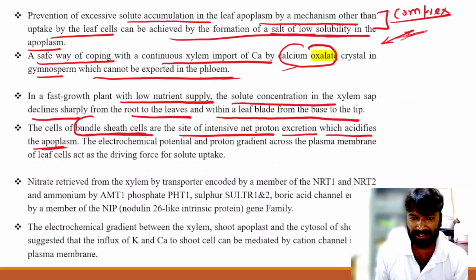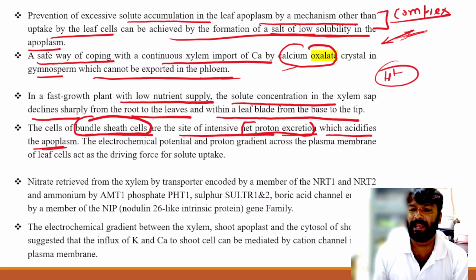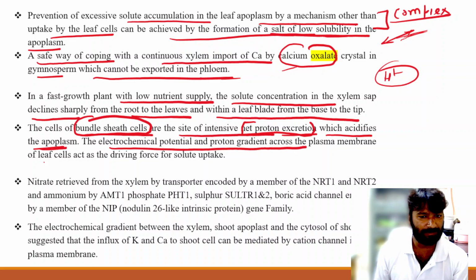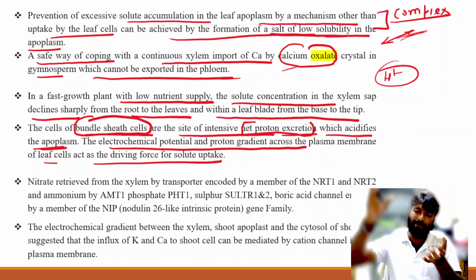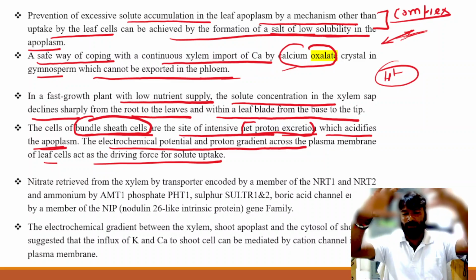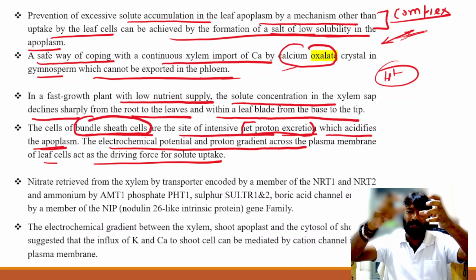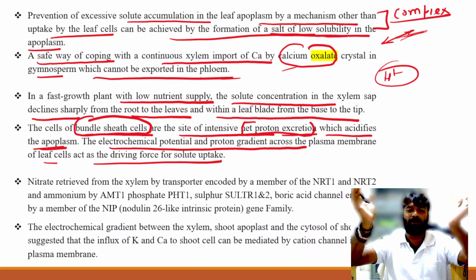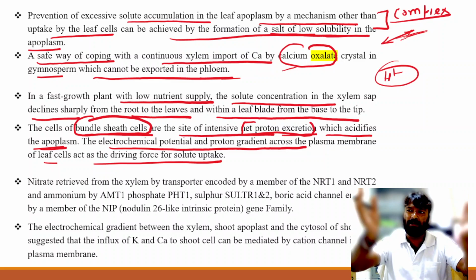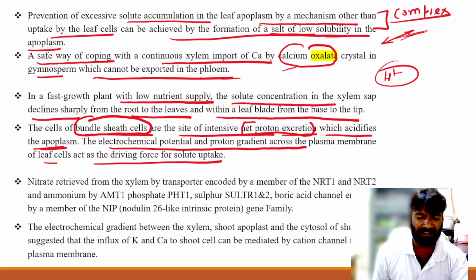So in the bundle sheath cells there will be proton extrusion, or proton channels are active, which acidifies the apoplast, and the electrochemical potential and proton gradient across the plasma membrane of leaf cells act as a driving force for solute uptake. So when the solute goes from the xylem, there in the bundle sheath cells there will be a high activity of proton gradient channels and the formation of electrochemical gradients, which transport most of the nutrients to these leaf cells.